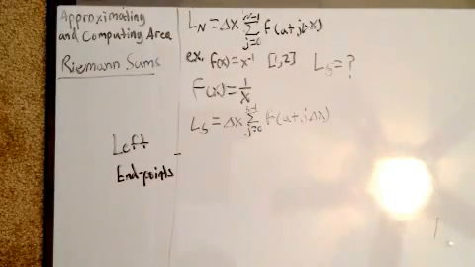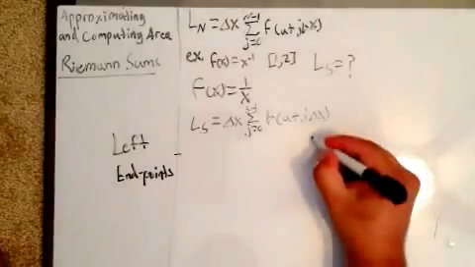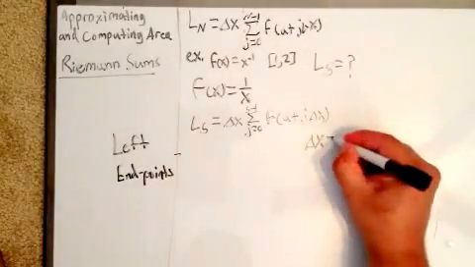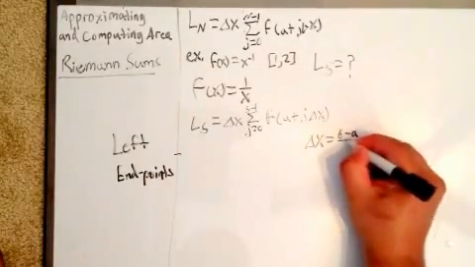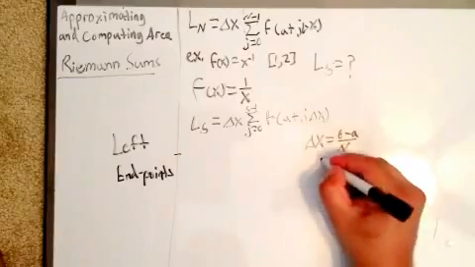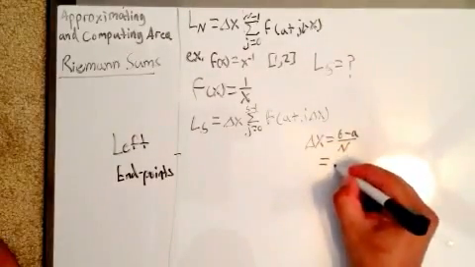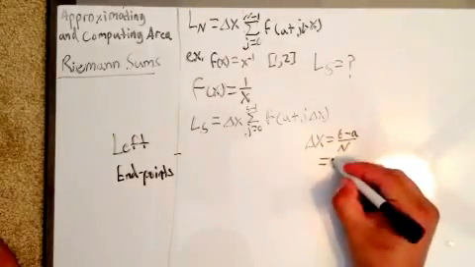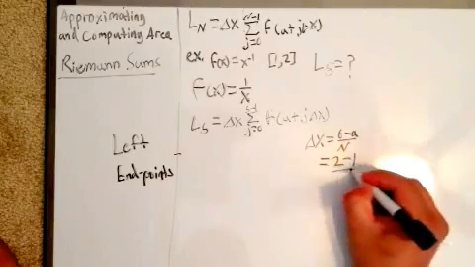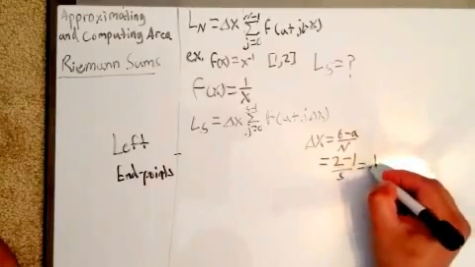So now we're going to figure out what delta x is. Delta x is b minus a all over n. What that's going to give us is 2 minus 1 all over 5, which equals 1 over 5.